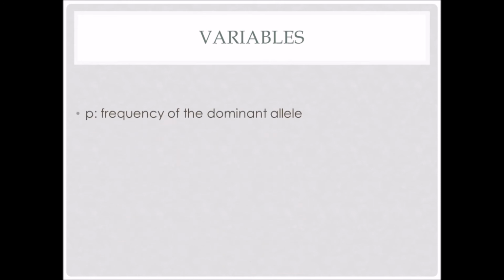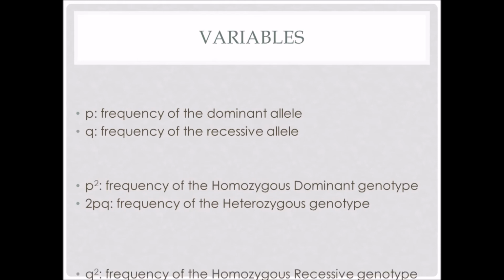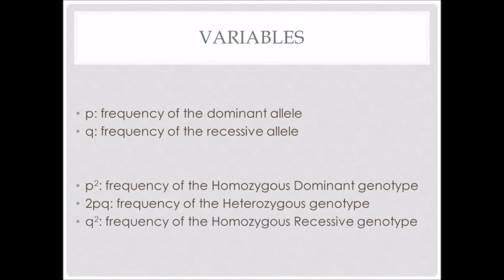P is always the frequency of your dominant allele. Q is always what you use for your recessive allele. Then P squared is always the frequency of the homozygous dominant genotype. 2PQ is the frequency of the heterozygous genotype. And Q squared is the frequency of the homozygous recessive genotype.